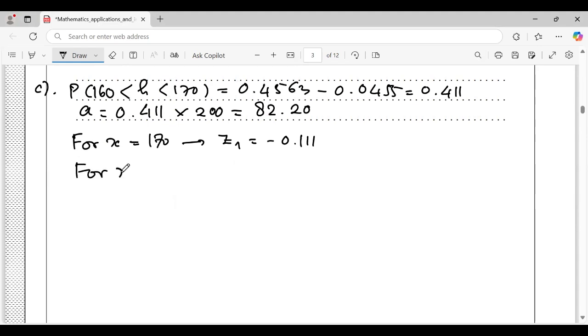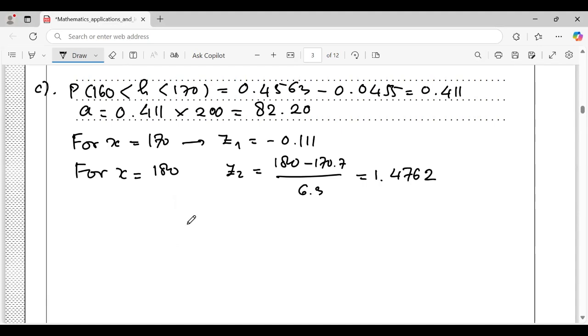And for X equal 180, Z2 is 180 minus 170.7 over 6.3, and the result is 1.4762.